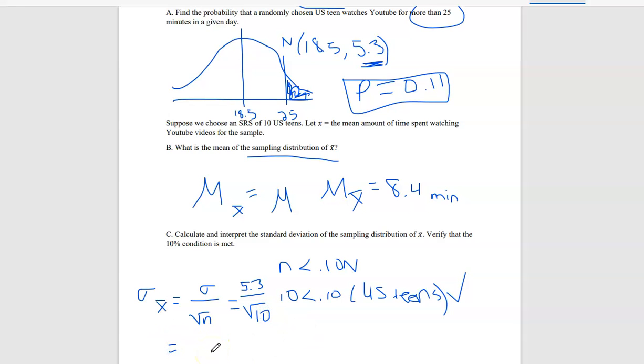Let's plug this into Desmos. And I get 1.676. Does this have any units? Yes. Remember, proportions don't have units, but means do, because we're talking about quantitative data.